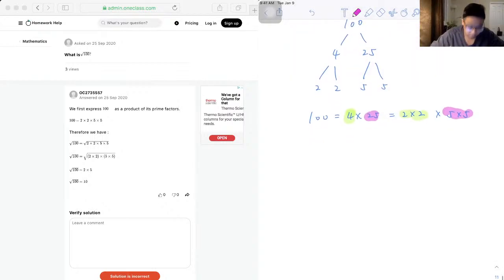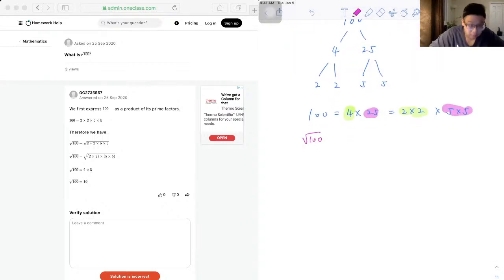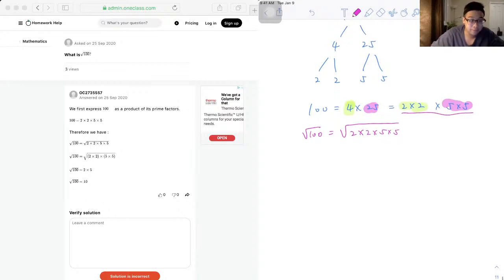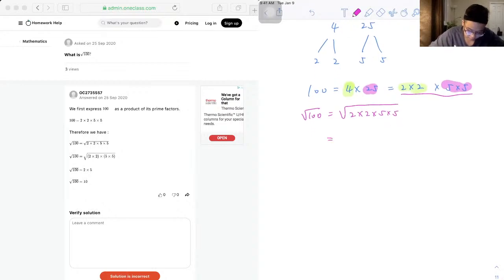Therefore, we have root 100 is equal to, we just copy down this part, so 2 times 2 times 5 times 5. Right. And then this is also equal to 2 times 2, we use a bracket, times 5 times 5. Right.